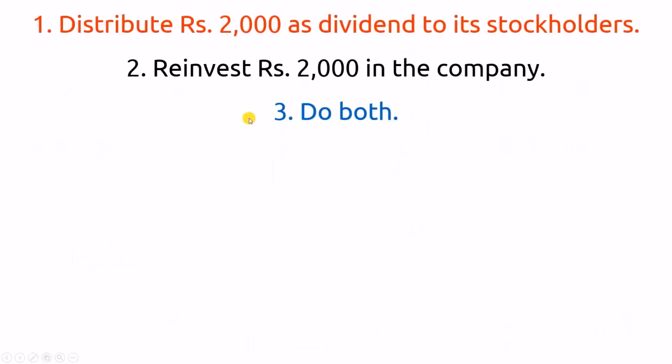So these are the three cases. Distribute the entire profit of 2000 rupees as dividend to stockholders, or second case, reinvest 2000 rupees in the company, or third case, do both, meaning some part of the profit can be given as dividend and the rest can be invested back in the company. Now let us see what happens if the company does this.